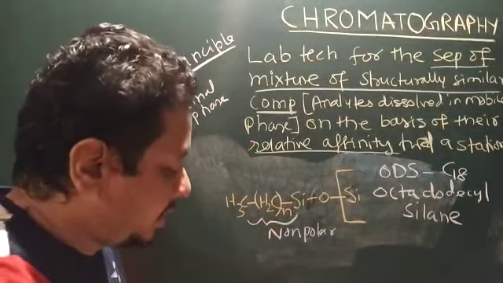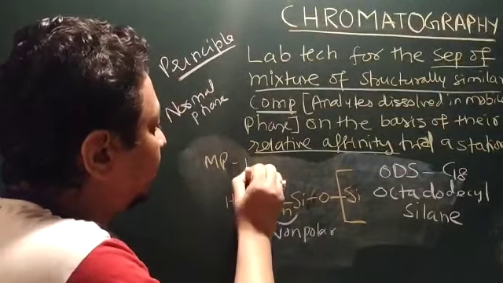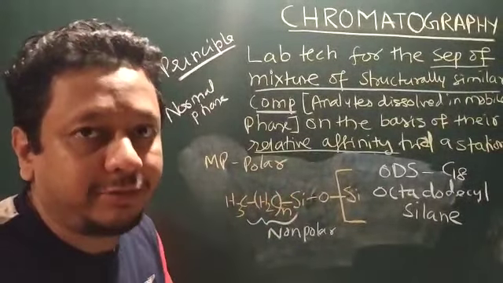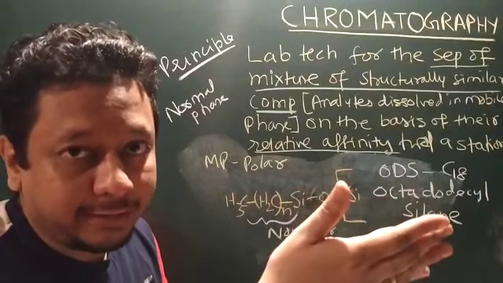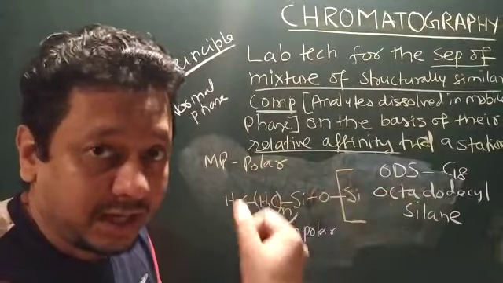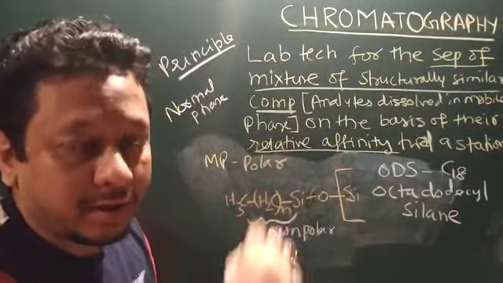With a non-polar stationary phase, we use a polar mobile phase. In our solubility video, I mentioned the various mobile phase solvents and their dielectric constants, and how to select a suitable solvent for chromatography. It is mentioned over there.